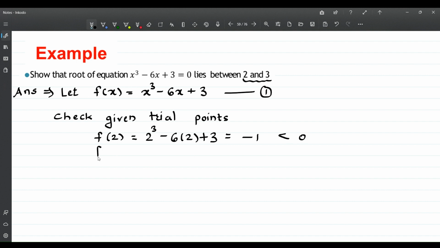Next, we have to check the next trial point, f of 3, which is equal to 3 cube minus 6 into 3 plus 3. So 3 cube is 27, minus 18 is 9, plus 3 is 12, greater than 0. So you can see here one is negative and the second one is positive.